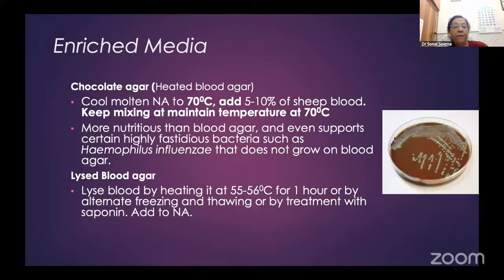Then comes your enriched media, chocolate agar. What is chocolate agar or heated blood agar? It is nutrient agar melted and cooled to 70 degrees; you add blood to it and keep mixing till the temperature reaches about 70, and you pour it. You can put it in a water bath so that the whole blood, when you're mixing it, gets lysed.